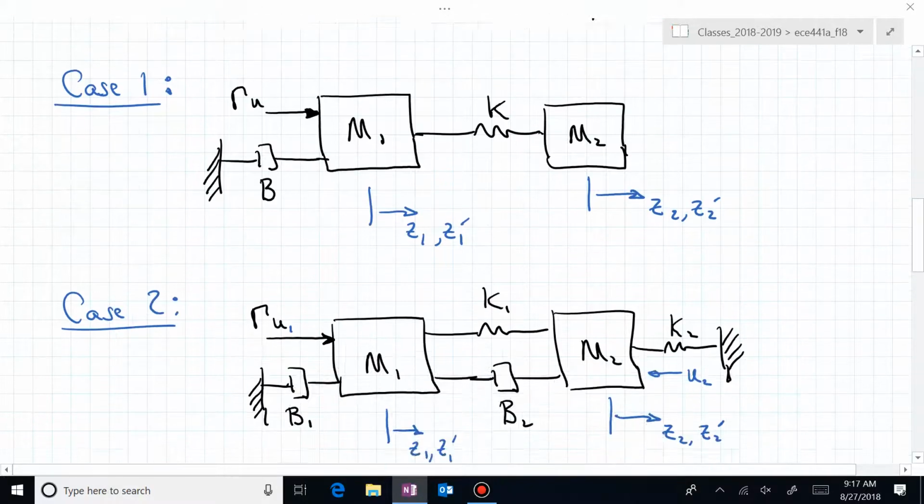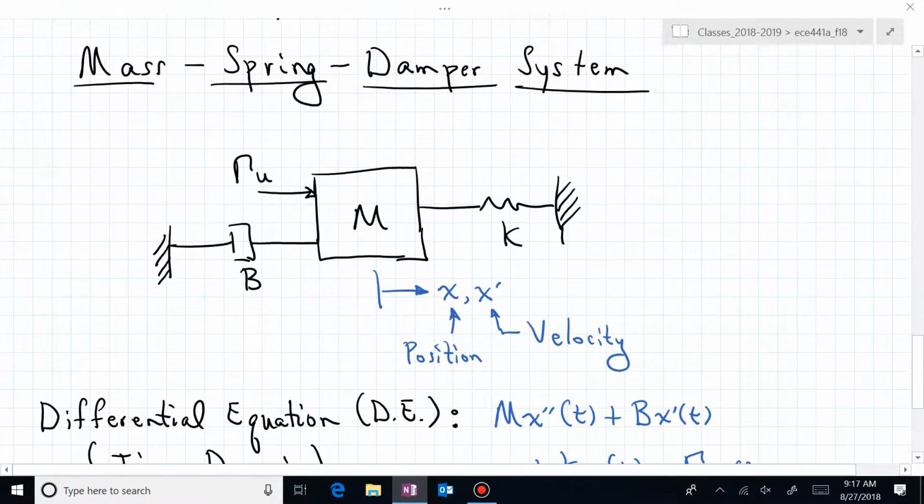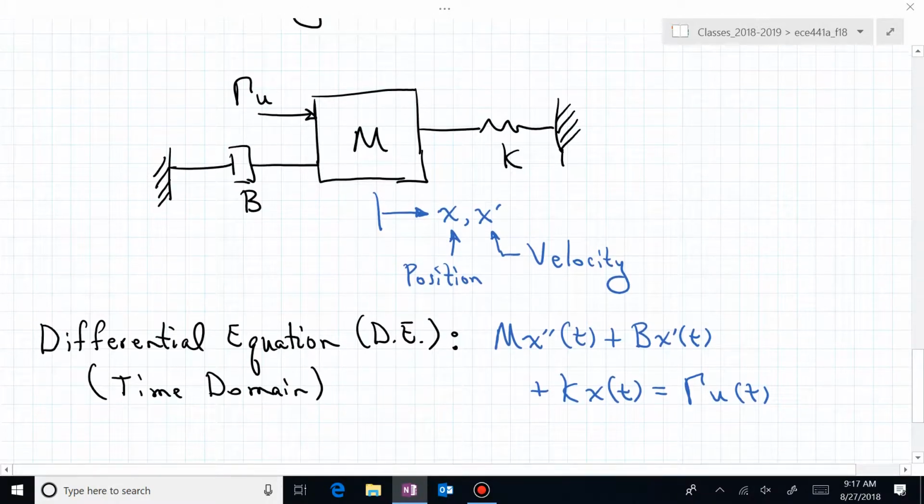Hint. That's a hint. Where were we? Deriving, or reminding ourselves of, the differential equation of this original mass spring damper system.